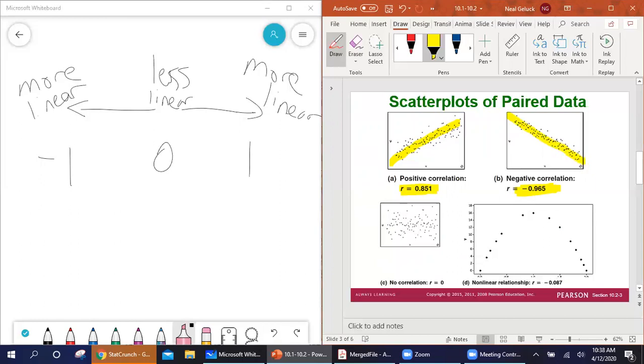Letter C is a correlation of 0. Again, that means not linear. And you can tell it just looks like a splatter. On letter D, this has a very good correlation. It's just not linear. That would be a parabolic correlation, parabola. So the whole point of letter D is to show you that things can be related, but just not necessarily linear, maybe not lines.